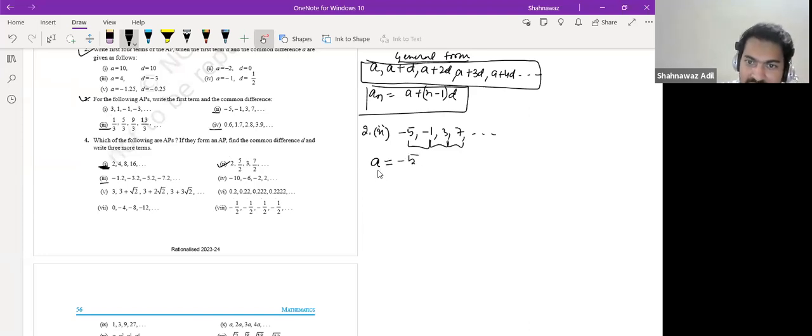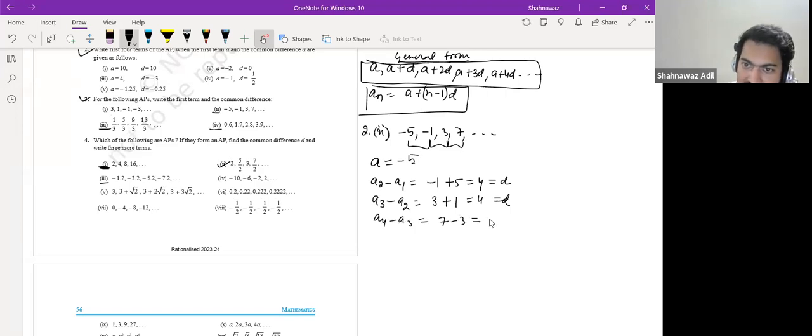We calculate A2 minus A1, which is -1 plus 5, so this is 4, which is D. Then A3 minus A2, which is 3 plus 1, so 4, which is D. Then A4 minus A3, which is 7 minus 3, so this is 4, which is D. So we can see that D is the same, so this is an AP, right?